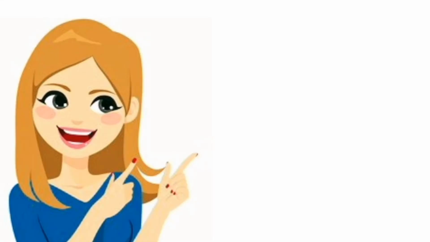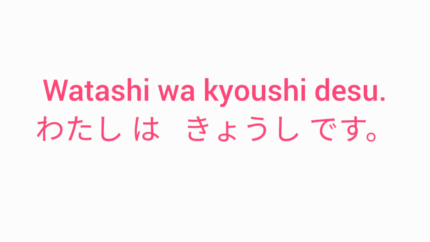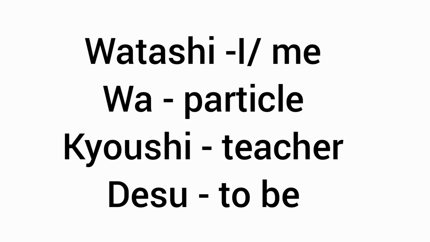Do you know we can say our occupation by using this form? Let's take some examples. Watashi wa kyoshi desu. Now you know watashi means I or me. Wa is the particle. Kyoshi means teacher. And desu means to be.